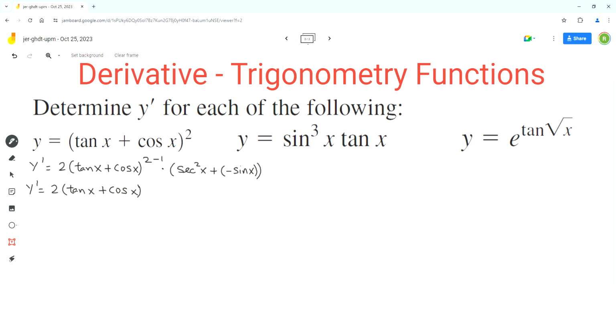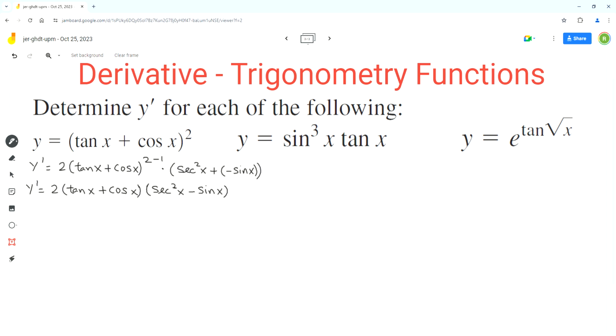So it's just parentheses tan x plus cos x times the second parentheses, where secant square x stays the same and plus minus sine x becomes minus sine x. This should be the final answer for the derivative of the first y equation.